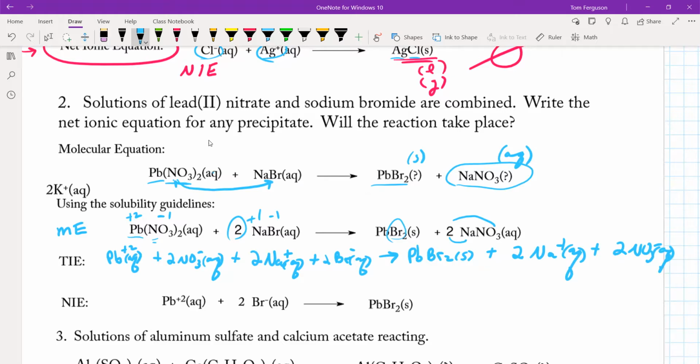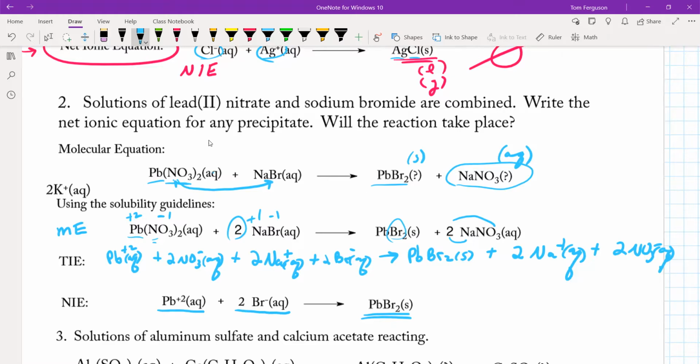The net ionic equation is all we're looking for: how did we create the solid? We created it from 1 lead +2 aqueous and 2 bromide aqueous. Now, are there ions left over in aqueous that did not participate in the reaction?